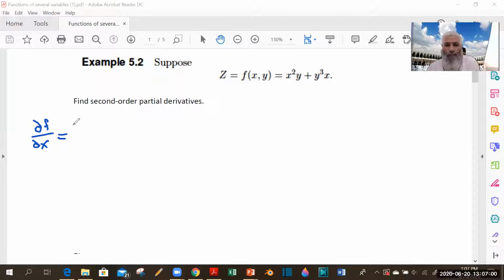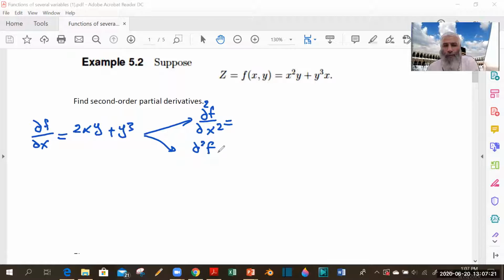So it would be 2xy plus y cube. Here we can have d2f divided dx squared and d2f divided dx dy. What is this?